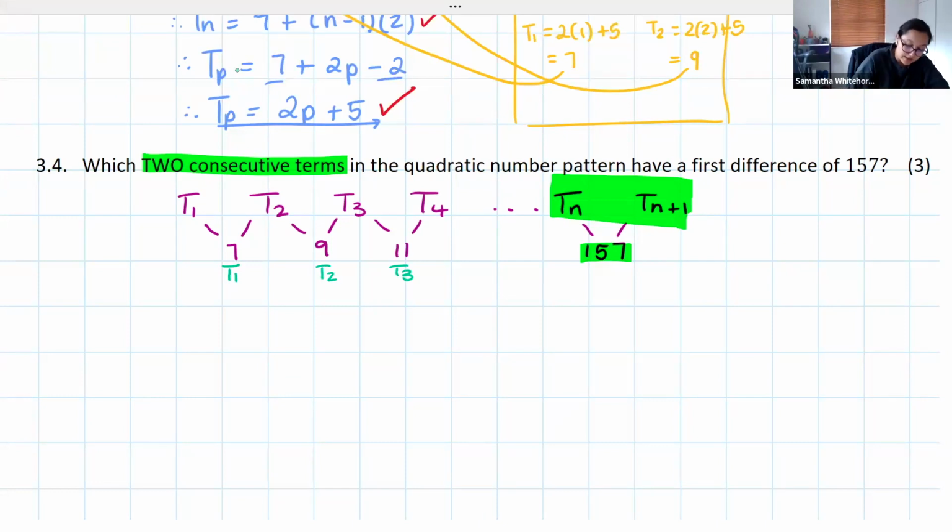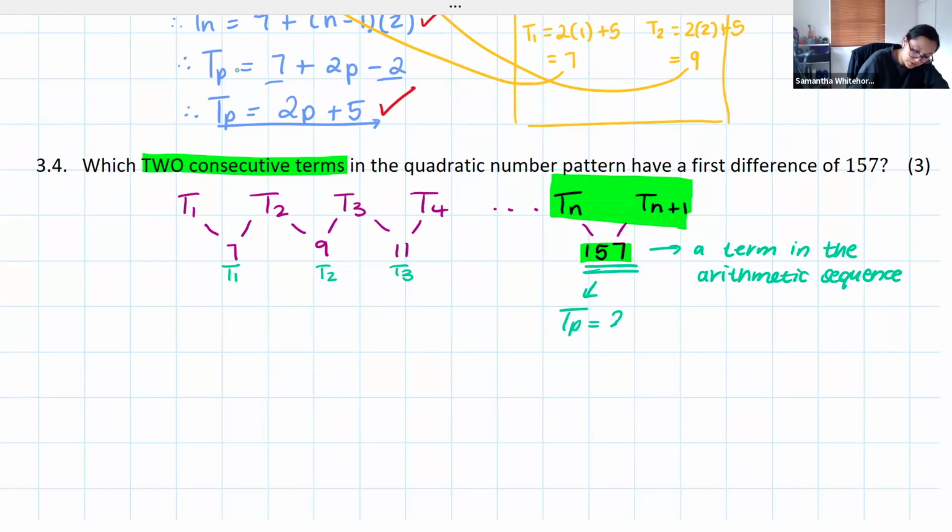What we now need to realize is that this 157 is a term in the arithmetic sequence, because we know our first differences form an arithmetic sequence. Because we know that, and because we've just worked out that Tp is equal to 2p plus 5, I can now substitute it in there and solve for my unknown.